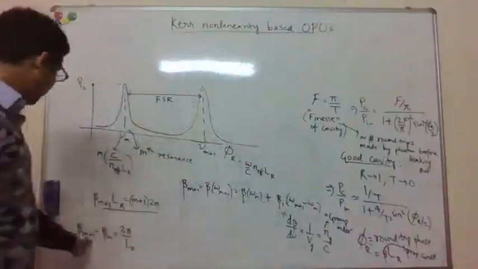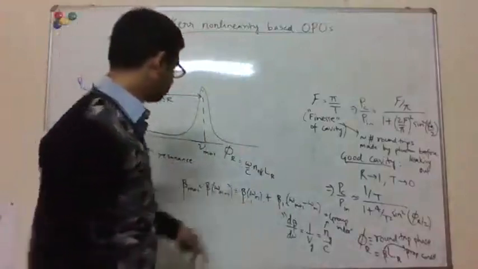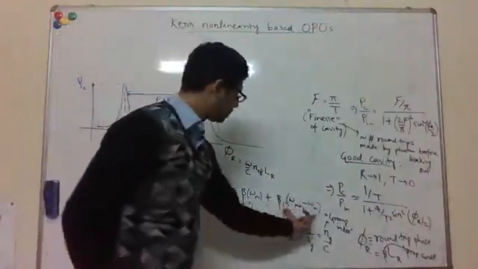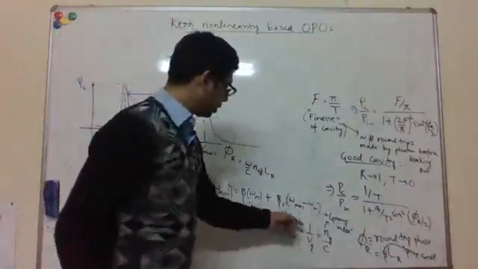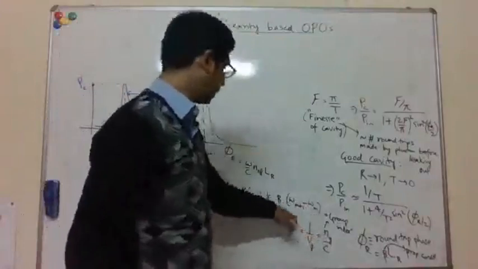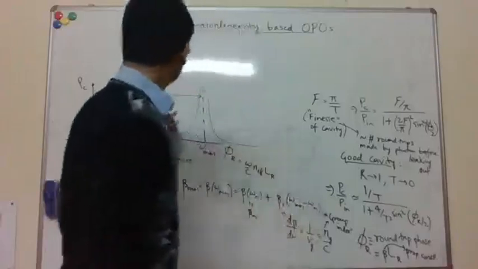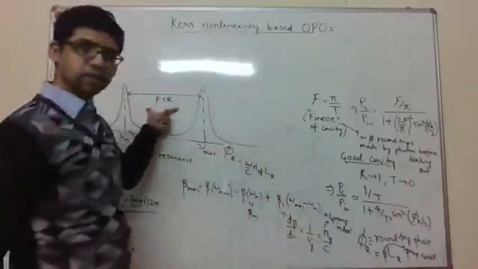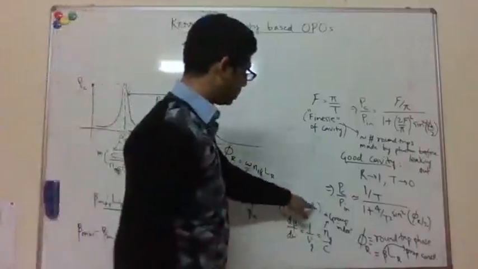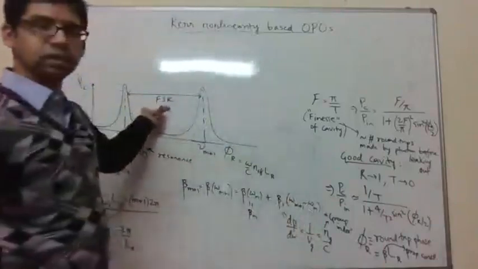So then beta m plus 1 minus beta m, I just take this to the other side, is just this. Beta 1 is given by the group index Ng by c. And then I have omega m plus 1 minus omega m, which is basically 2 pi times the FSR, since this is 2 pi times nu m plus 1 minus nu m, and nu m plus 1 minus nu m is basically the FSR.